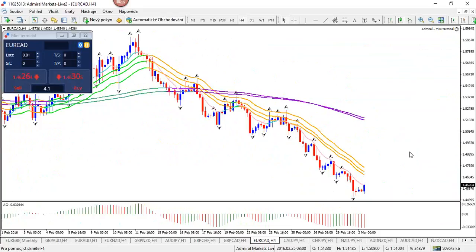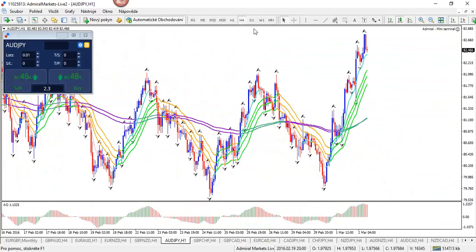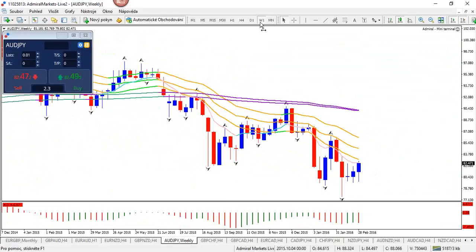Aussie yen, okay. Let's see. I'm trying to get a sense of what's going on in the higher time frames first again.